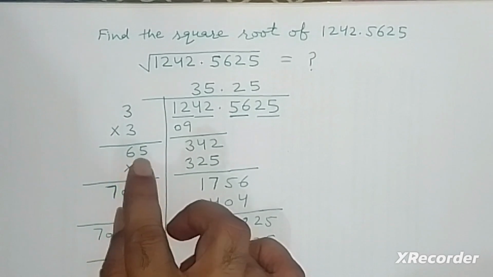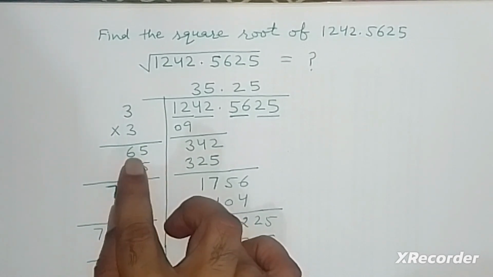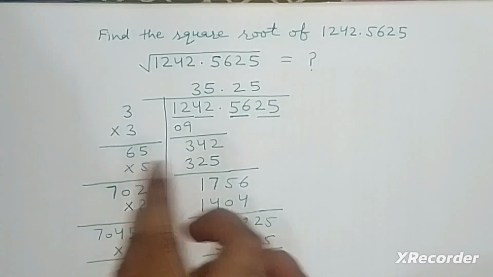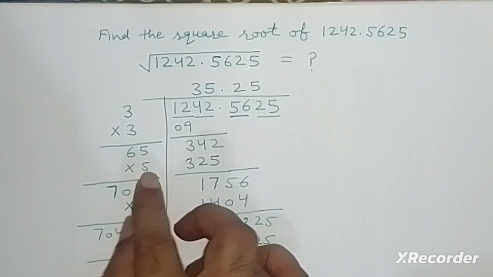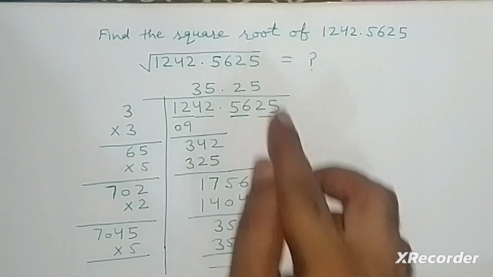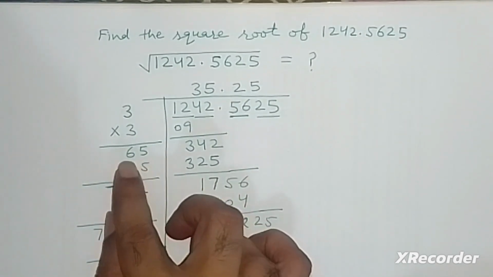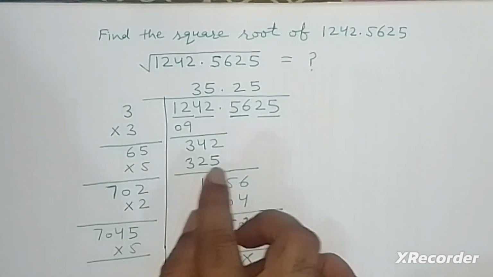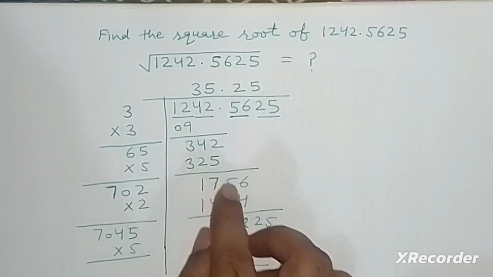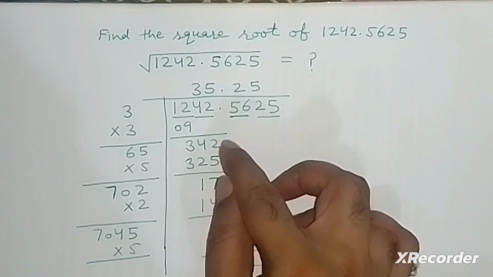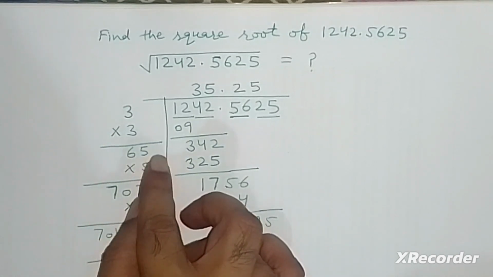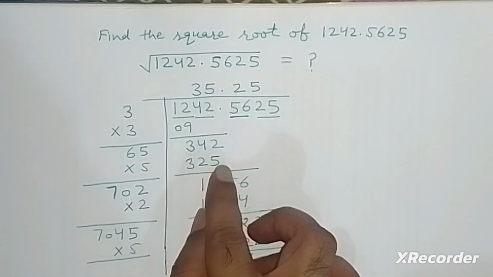So 6 into 4 into 4 is too large, so we put 5 into 5, that is 65 into 5 is equal to 325, which is lesser than 342. After subtraction we get 17, and 17 is less than 65, so it is correct.